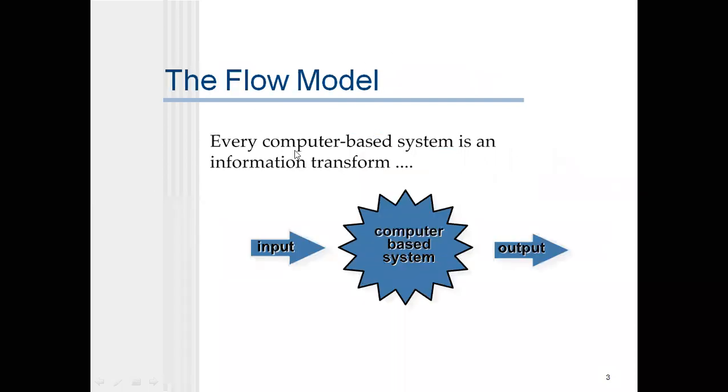The flow model. If you see that flow model, every computer based system is an information transformation. If you take the example of a computer based system, how will the computer work? It will accept some input and it will produce some output, isn't it? This is what you have learned in the fundamentals of computer subject.